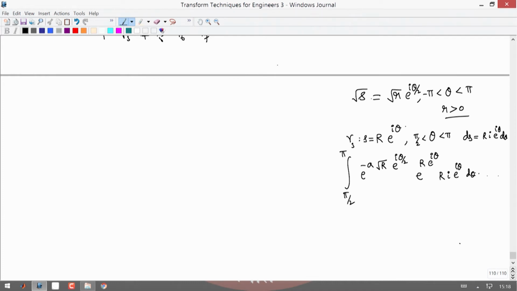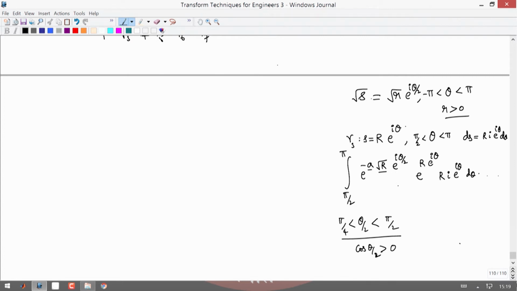Now, if you look at this quantity, theta by 2 is between pi by 4 and pi by 2, okay. So, within this quantity e power I theta by 2, the real part is always positive, cos theta by 2 is positive, and e power minus a times root r is positive, so this quantity's real part is positive.